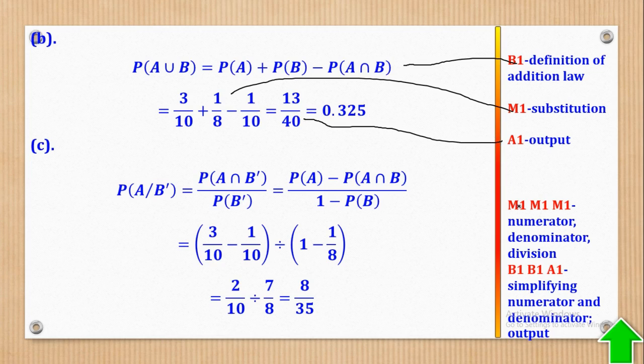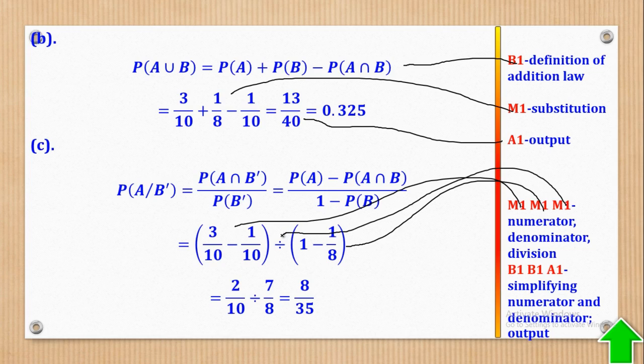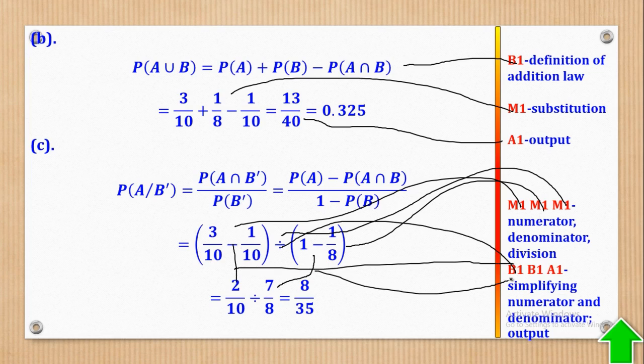Then M1 for this numerator, another M1 for this denominator, another M1 for division. Then B1 for simplifying numerator and denominator and output. Simplifying this to get this gives you this B1. Simplifying this to get this gives you that B1, and this output is what gives you this A1.